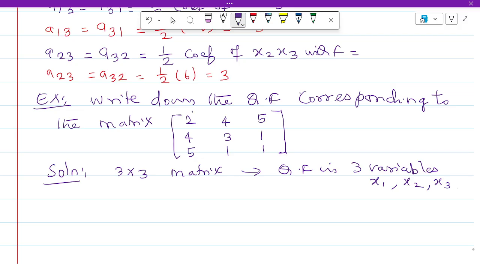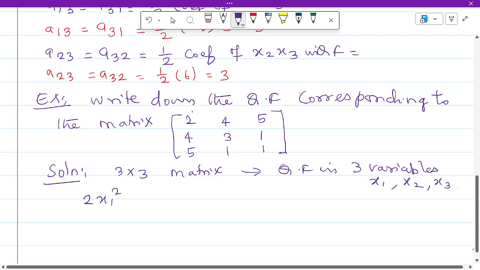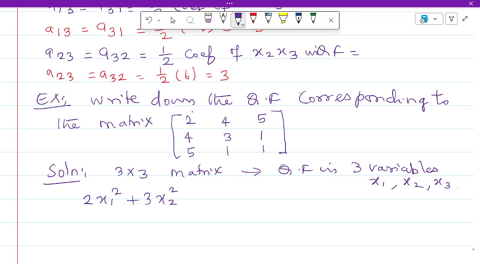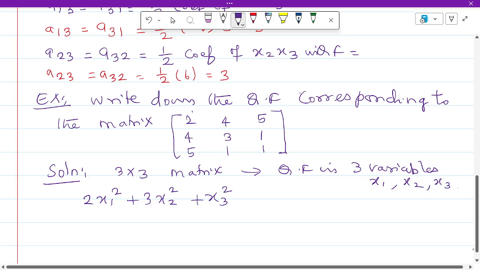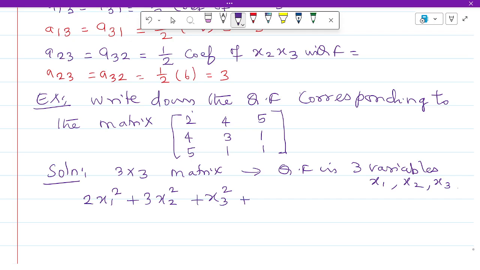Therefore, we can write 2 x1 square plus 3 x2 square plus 1 into x3 square. So the diagonal values should be squares, and then plus. Here A12, A21 position. Take any one of them. A12 and A21 position is 4. Okay, fine. So for this you have to double the value. Double means 8.